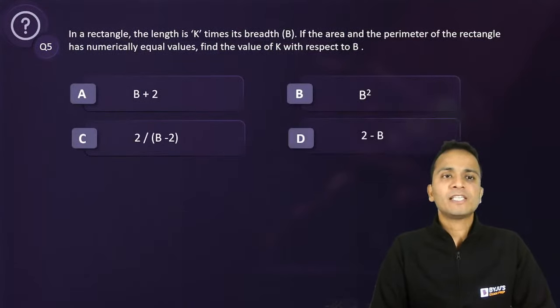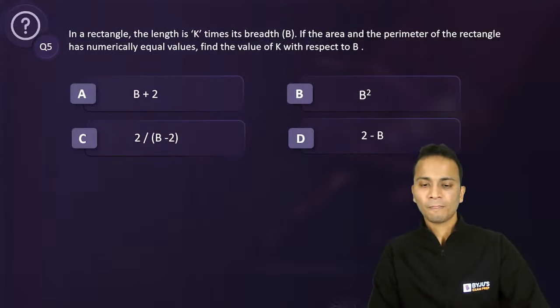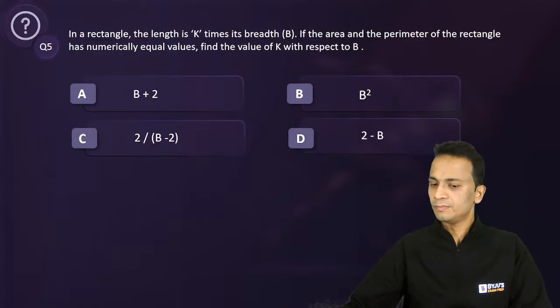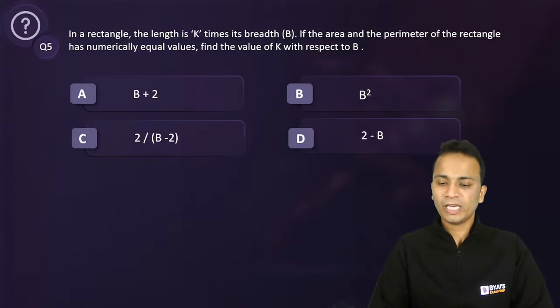Question number 5 says, in a rectangle, the length is k times its breadth. If the area and the perimeter of the rectangle have numerically equal values, find the value of k in terms of b. Quickly, easy question.